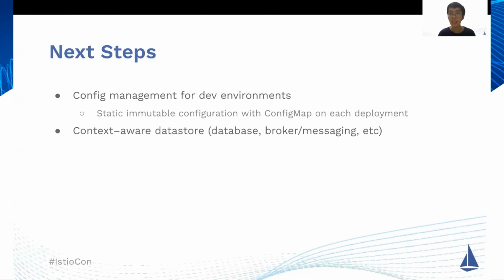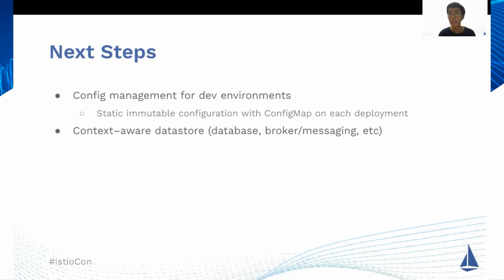Everything is not complete, although we see a lot of improvement there. There are still a few more things that we want to do, and we already see that in line. A couple of them is config management for the dev environment.